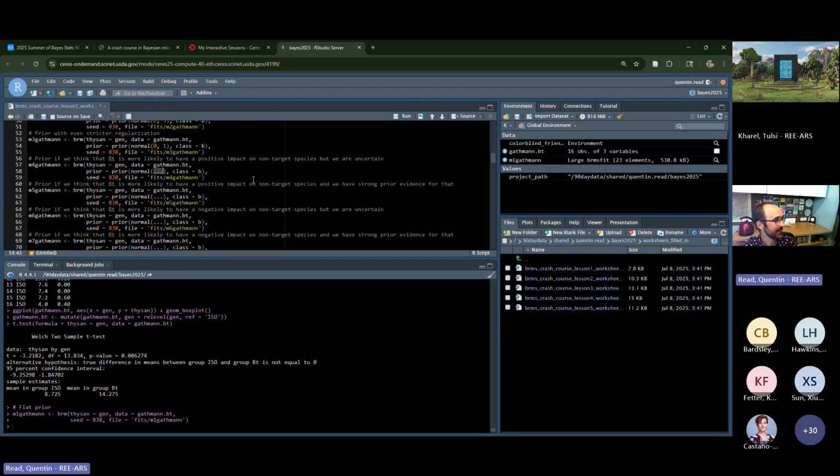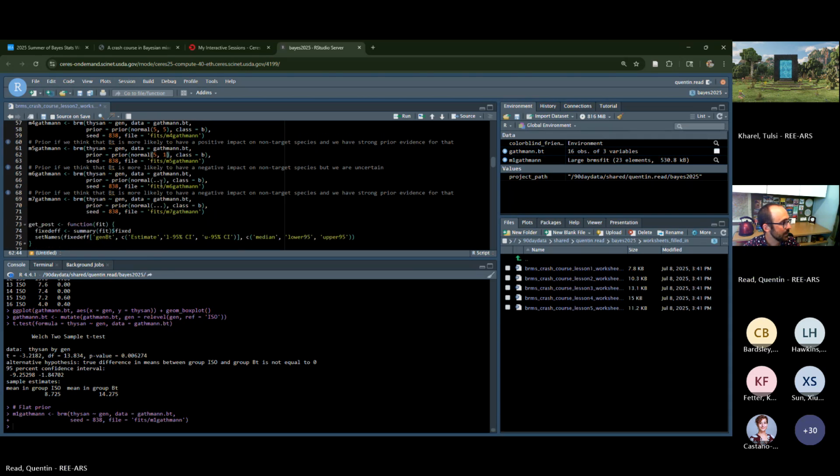Now we say, okay, BT is likely to have a positive impact, but we're not sure how big that impact will be. We'll make the mean 5, standard deviation 5. We already went through the other possibilities. Mean of 5, standard deviation of 1. We could also do mean of negative 5, standard deviation of 5. And lastly, mean of negative 5, standard deviation of 1.